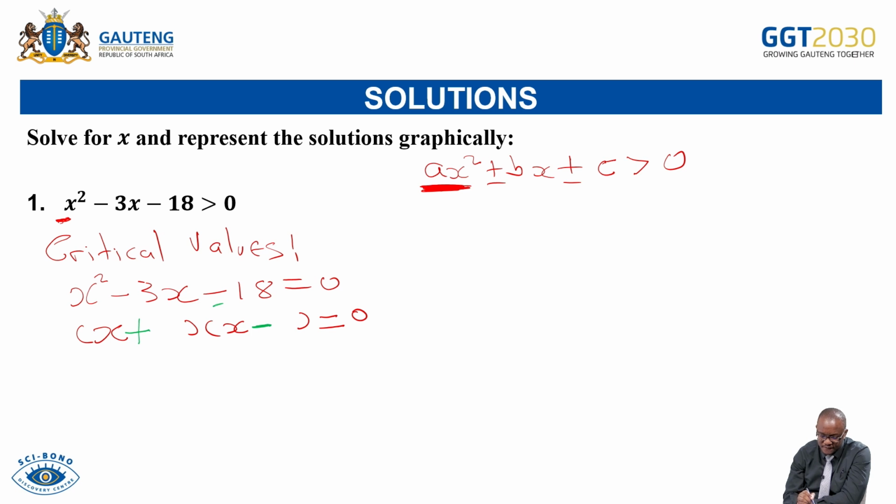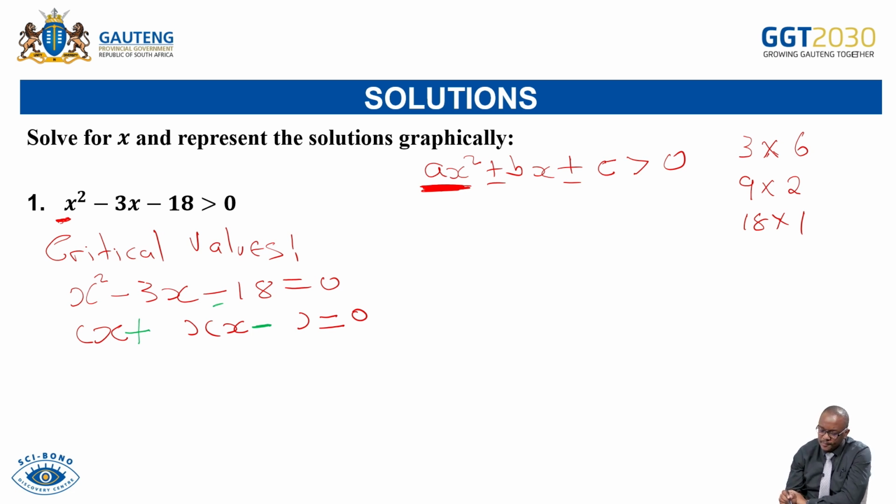Then we're looking into the factors of 18 that can give you negative 3. The numbers that you multiply together to give you 18 can be 3 times 6, 9 times 2, or 18 times 1. Those are all the numbers that when you multiply, give you 18.